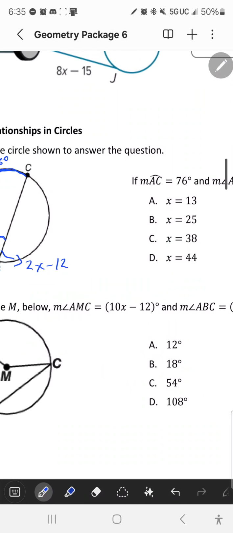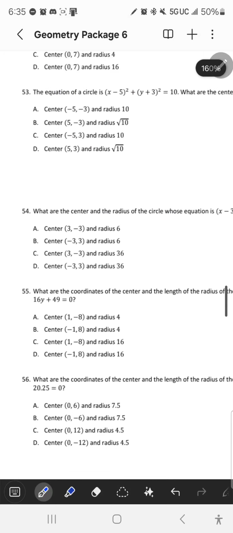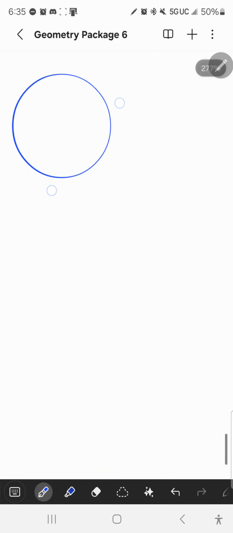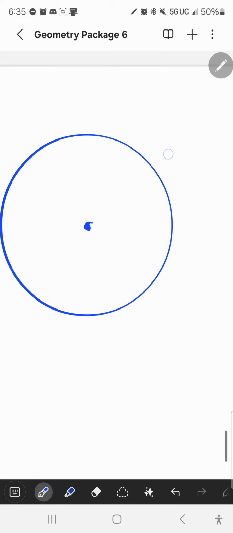Now, for circles and angles, there are two most important relationships, which I'm going to write here at the bottom, all the way to the bottom. I can write them better. So we have a circle. Let me mark the middle of the circle, approximately here.